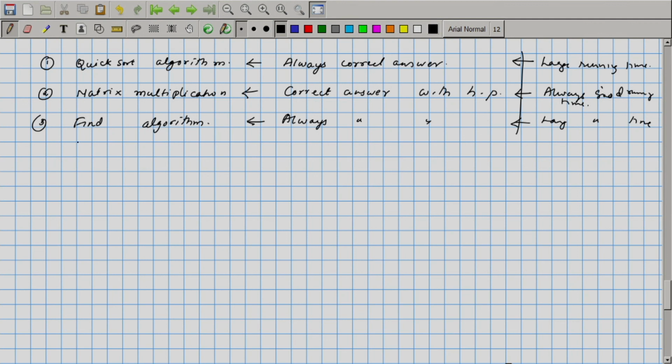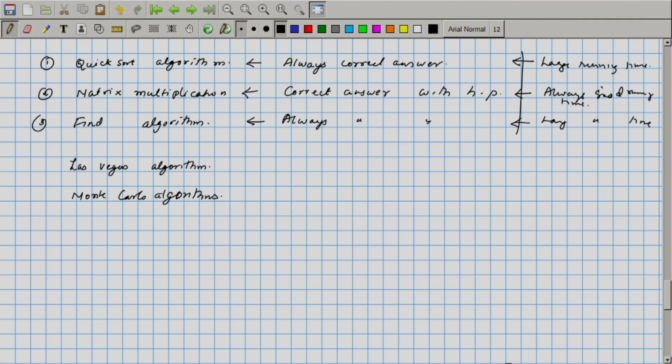The first kind of algorithm, which always gives the correct answer, is called a Las Vegas algorithm. Whereas the algorithms which sometimes give an incorrect answer are called Monte Carlo algorithms. Okay. Which one is better?